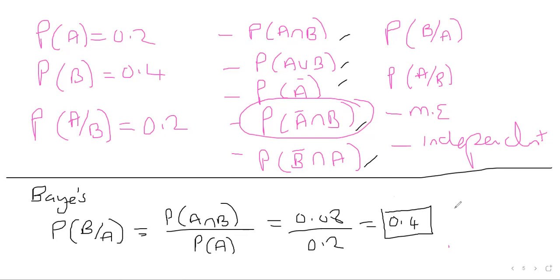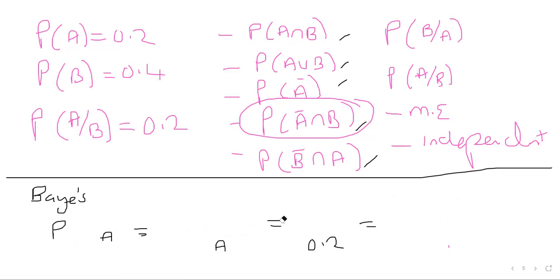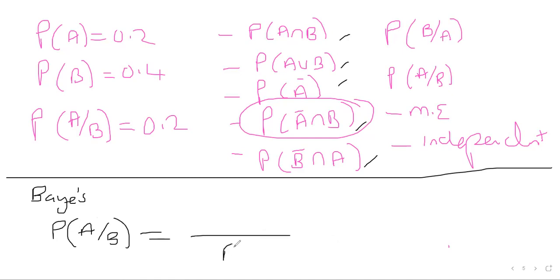How about our A given B? Already is given there. It's just for the sake of you learning the principle. A given B. So A given B, who can expand for us? How do we expand A given B? So we'll get our denominator first. So probability open brackets B at the bottom. Correct. And then on top, we're going to say probability open brackets.